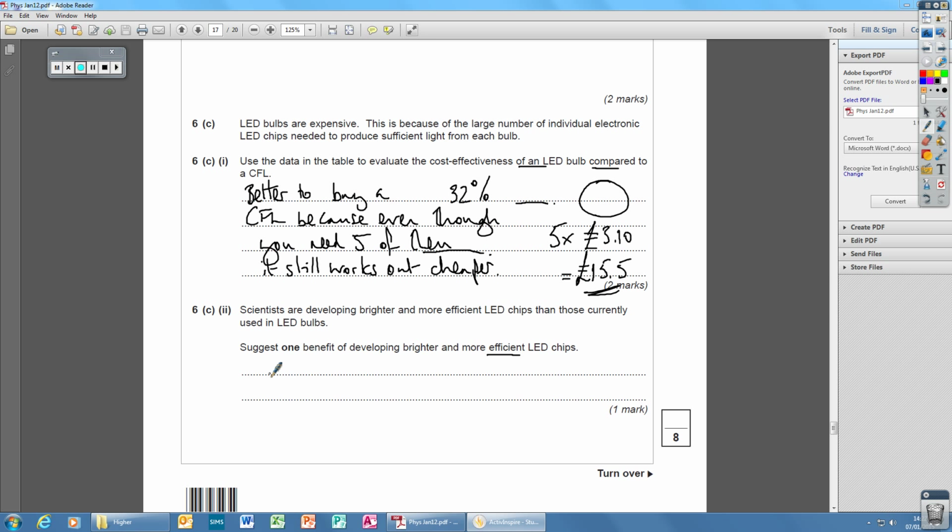So less input energy is needed. Could be that. Or you could make them smaller as LED chips would produce more light.